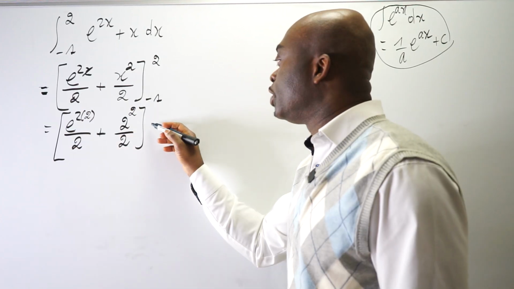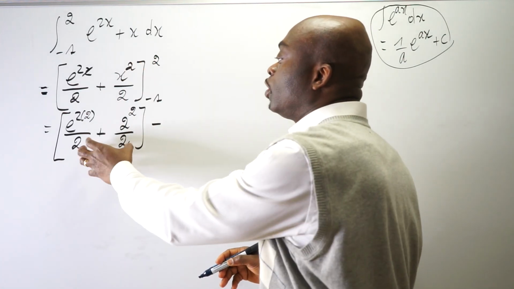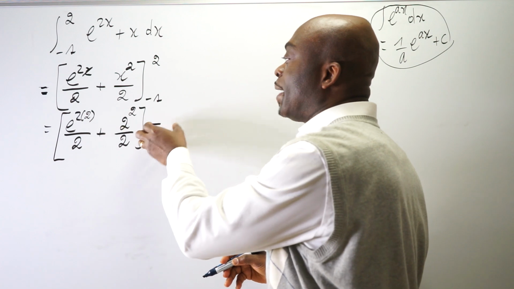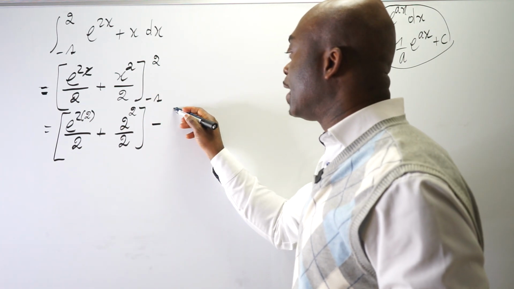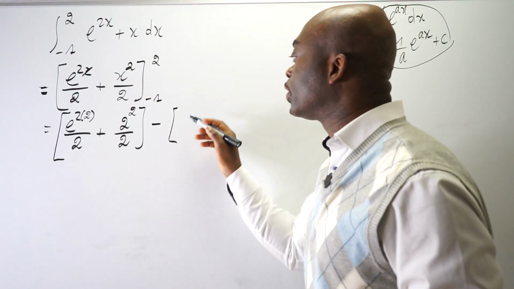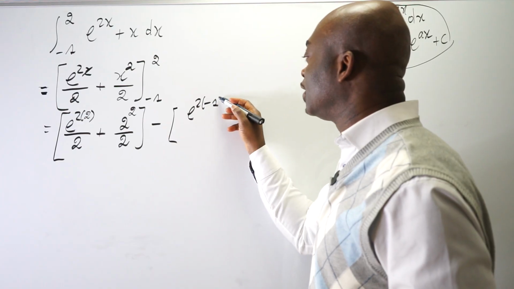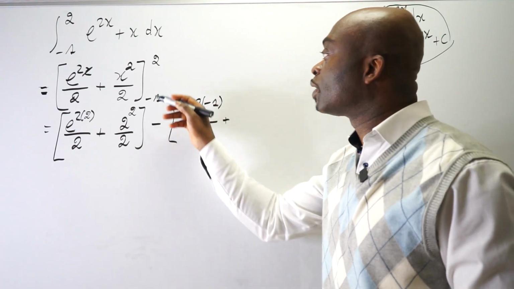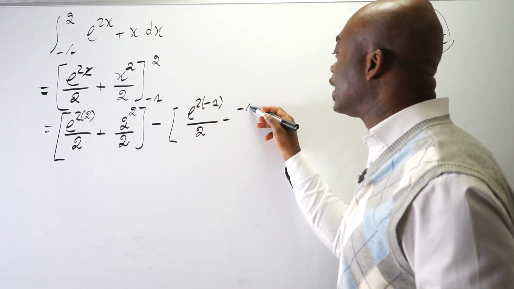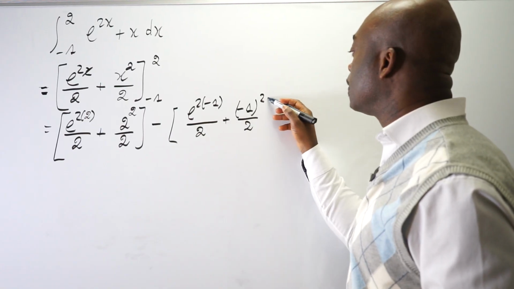Once we have that, what do we do? Minus, automatically. We always do the upper number, whatever we get, minus the lower number. So that's minus. Now we go for this one here: exponential 2 times -1 over 2 plus -1 power 2 over 2.